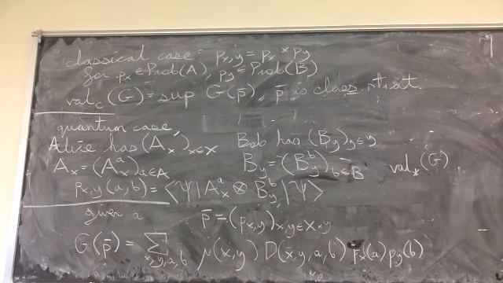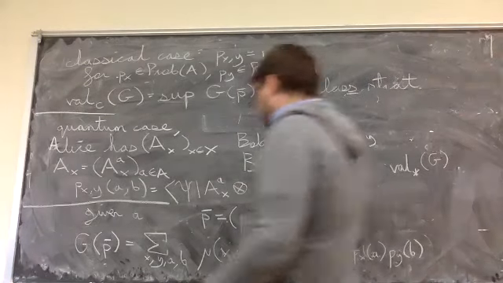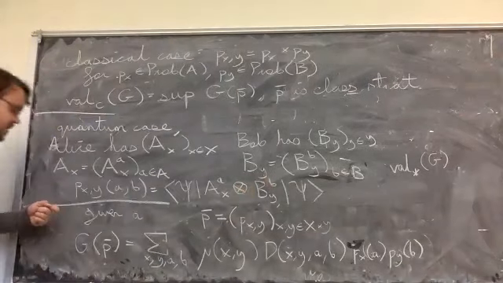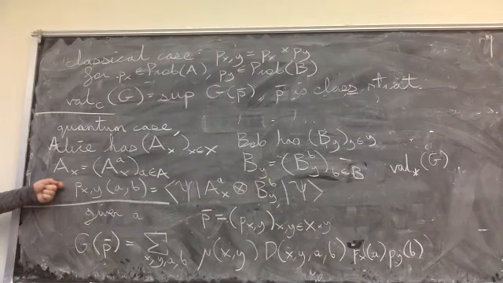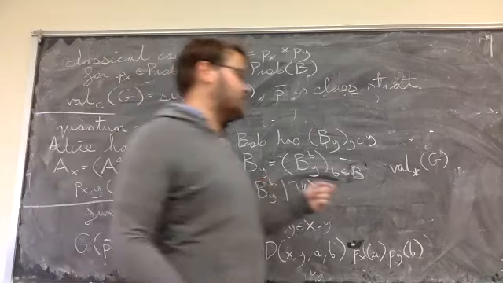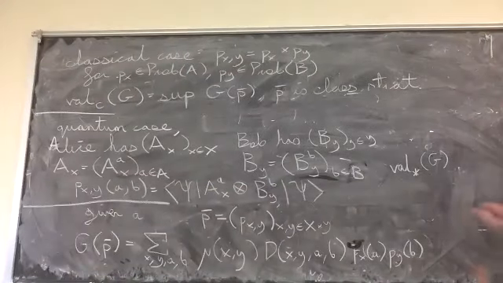Sorry, again, I missed what you said a minute ago. The distinguishing between finite dimensional and infinite dimensional Hilbert spaces, what difference does that make again? So if you allow these to be infinite dimensional, you get a larger family of possible strategies, but those extra strategies don't really help you.